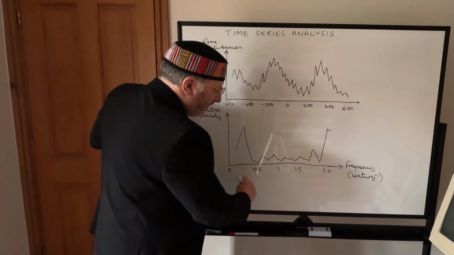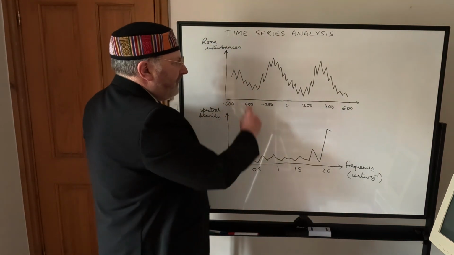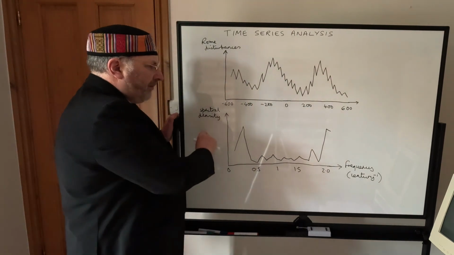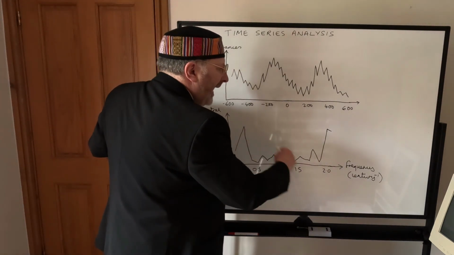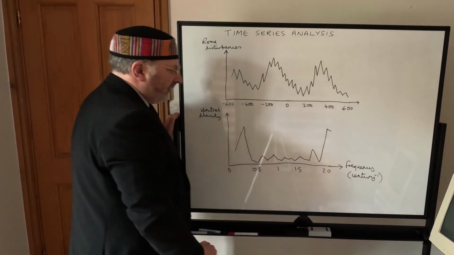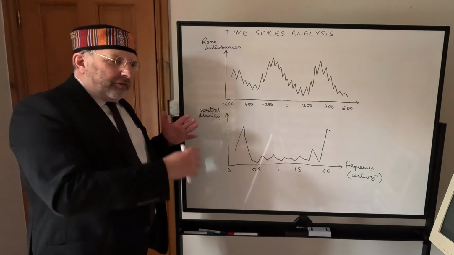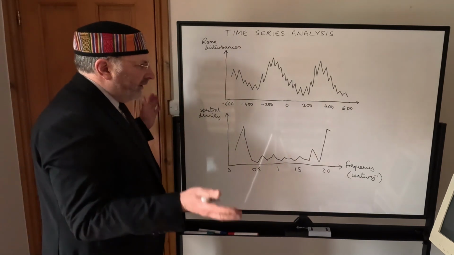So now we've got the frequency plotted along here, and up here is the strength of the signal at each frequency. So I've labelled that the spectral density. This is sometimes called the spectrum, or the power spectrum of this signal. The spectrum is a breakdown by frequency, showing the strength of the signal at each frequency. That's the spectrum.